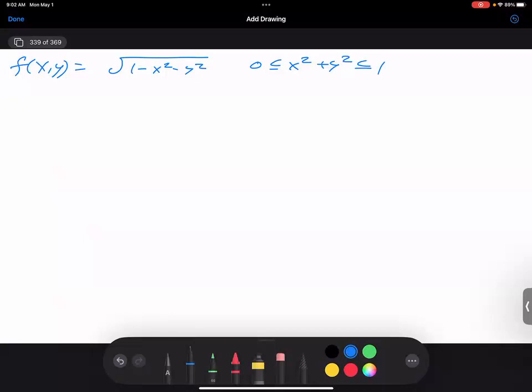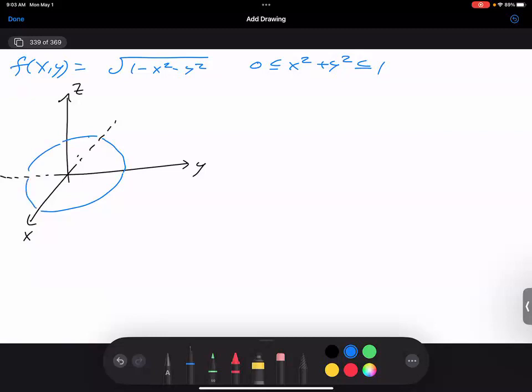Well, if I think about what's going on, let's try to draw this 3-dimensionally. Here's my x-axis, my y-axis, and my z-axis. If I look at what's going on here, my base is going to be a circle, but now if I go up to the square root of 1 minus x squared minus y squared, what kind of region will I get?